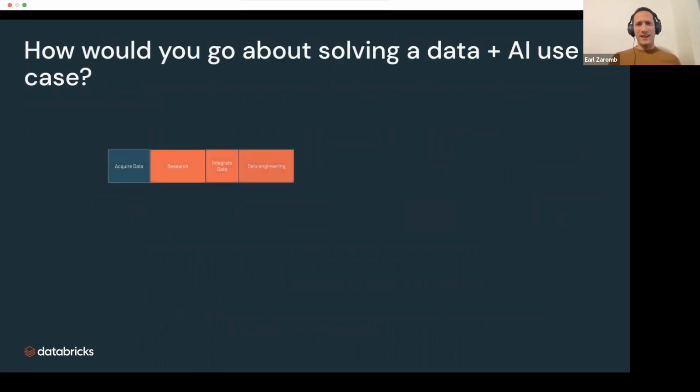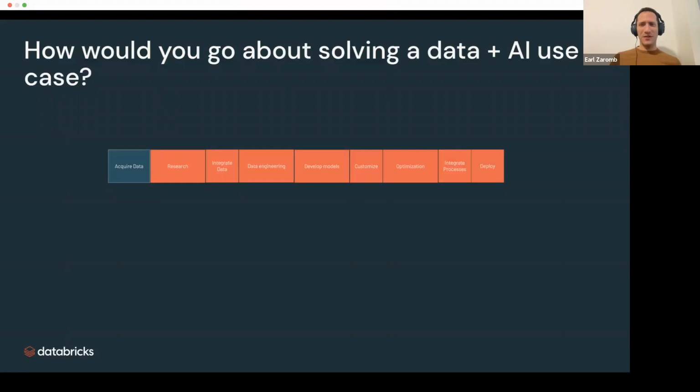At any time that there's a data and AI use case, there are a lot of different steps required, from ideation to bringing it into production. It usually starts with collecting the data that you may need to solve a particular problem. Then there's a research phase where you're trying to determine the right technique to solve this problem.